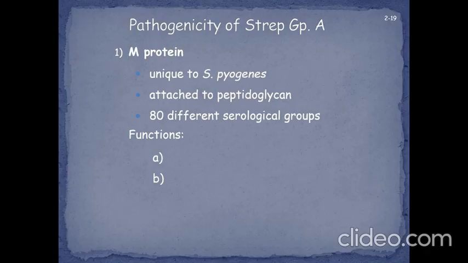And this is the reason why you can get strep throat multiple times, because if you were to get M15, so you get strep throat, M15, your body's going to make an antibody to that M15, and this will give you lifetime immunity to that specific strain of Streptococcus pyogenes.